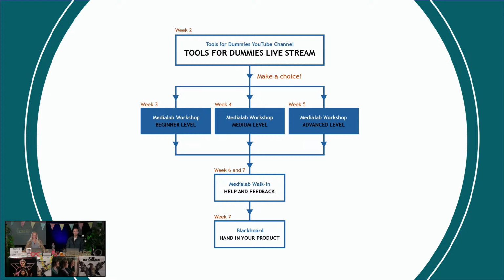And if you understand everything and you can work perfectly fine and you want some extra tools to get you going, and some advanced level techniques, then you can come to the week 5 Media Lab workshop advanced level, and then we will have a nice exercise. We will show you in a while what that is.